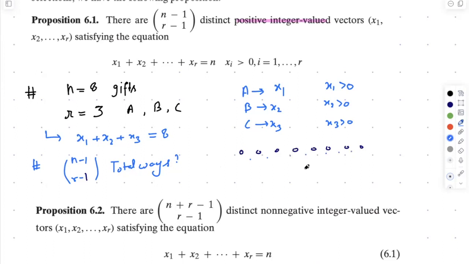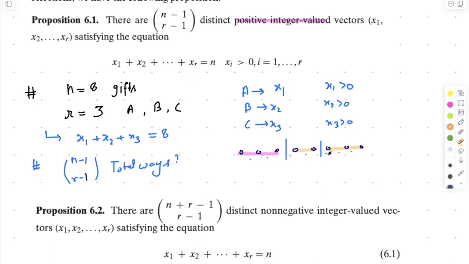There are 7 gaps. If I draw two vertical lines anywhere, then the whole 8 gifts are divided into 3 parts. Part 1, part 2, and part 3. By using 2 lines, you can divide them into 3 parts. Part 1 may go to A, part 2 to B, part 3 to C.